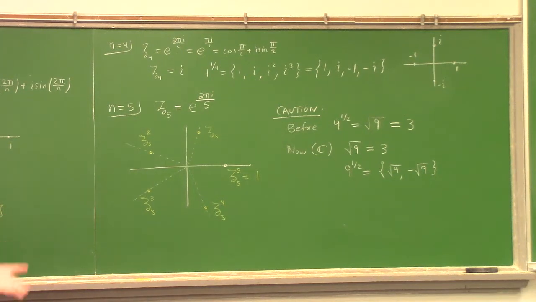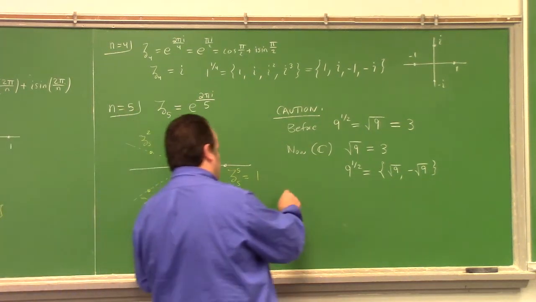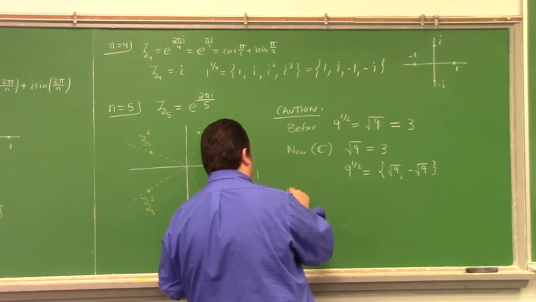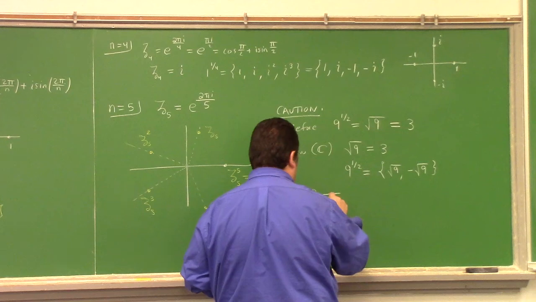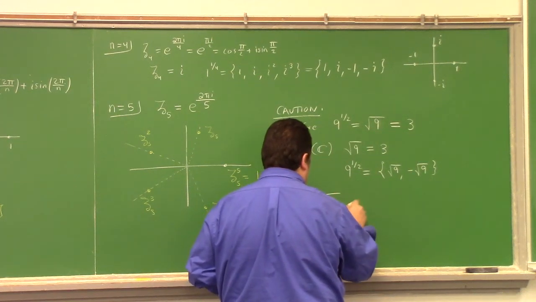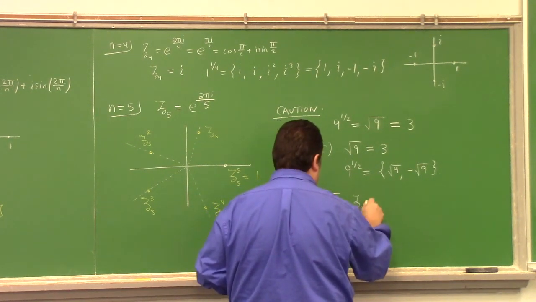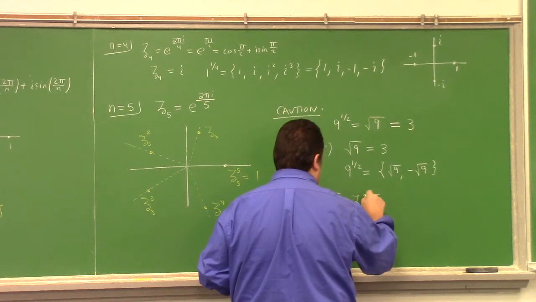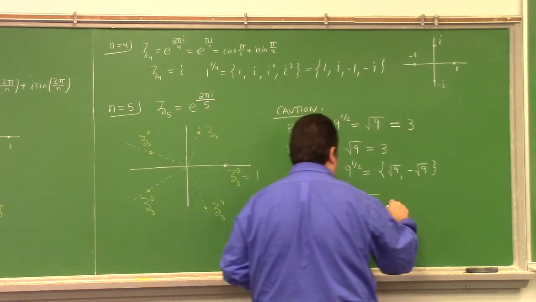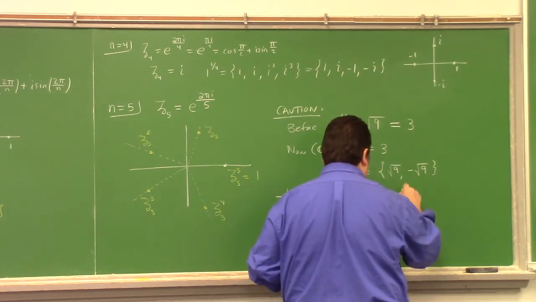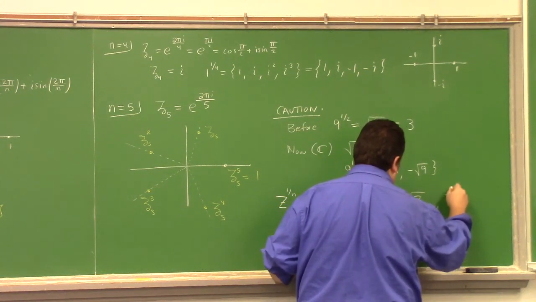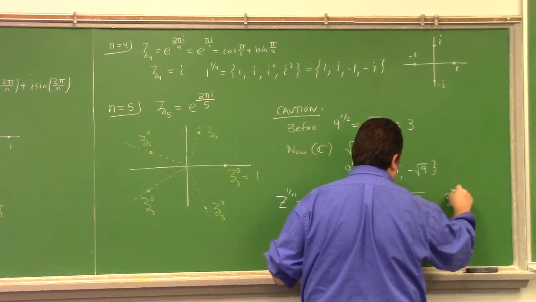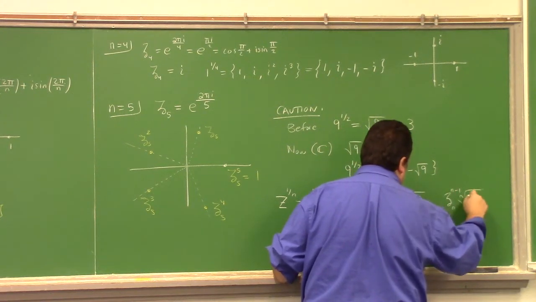More generally, the nth roots of z are the principal nth root of z, then zeta n times the principal nth root of z, then zeta n squared times the principal nth root of z, up to zeta n to the n minus 1 times the principal nth root of z.